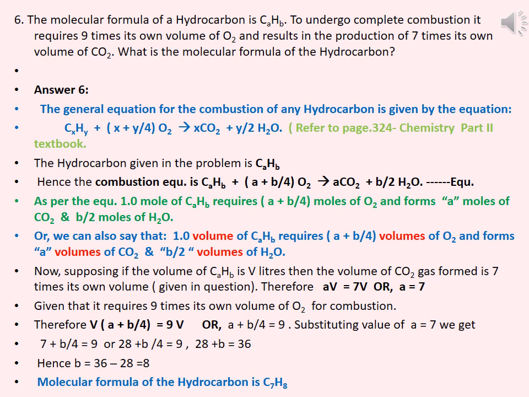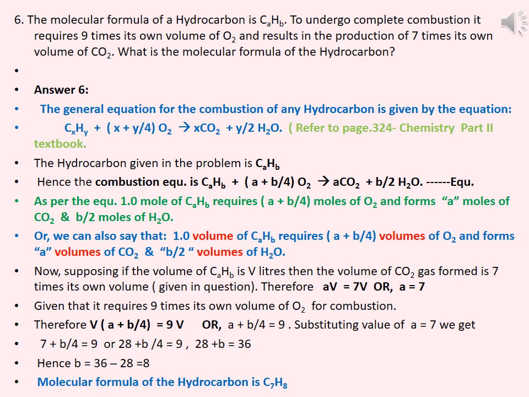Instead of talking in terms of moles, we can also give the same stoichiometric equation in terms of volumes of reacting gases and products. Therefore, we say 1 volume of CaHb requires (a plus b/4) volumes of oxygen and forms a volumes of carbon dioxide and b/2 volumes of H2O in the gaseous state.